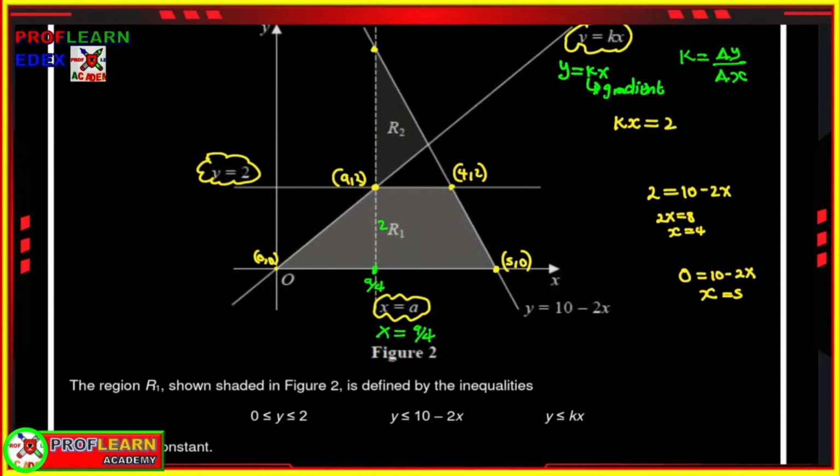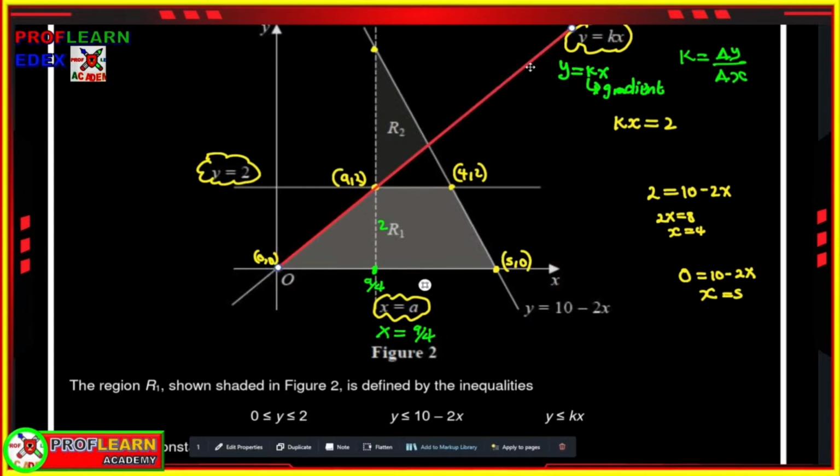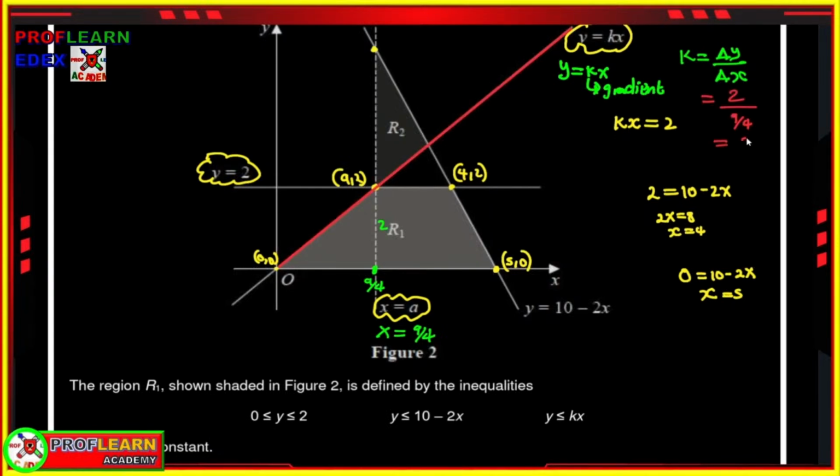So you can see the point where the equation x equals a, or x equals 9/4, meets y equals kx, is that coordinate a2, right? We can find the gradient of this line. So that will be 2 over 9/4, and that's going to be 8/9. So the value of k is going to be 8/9.